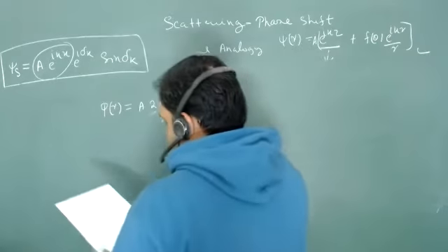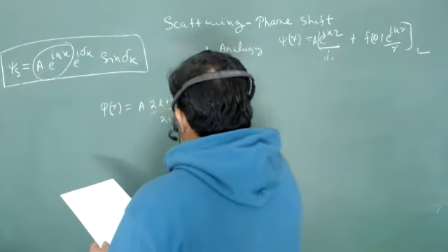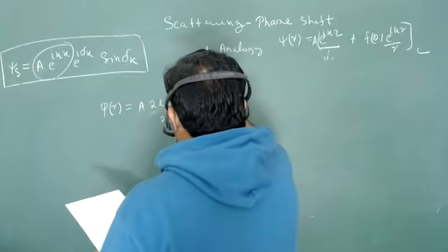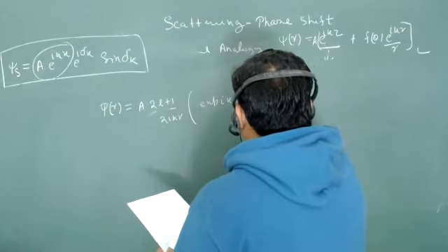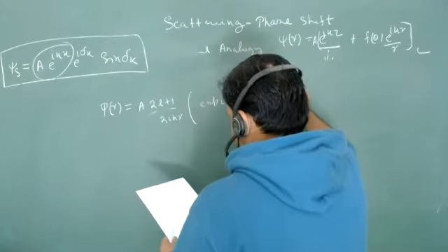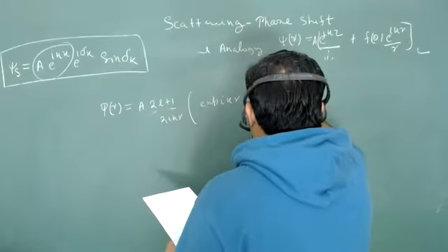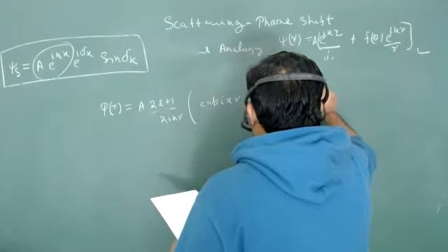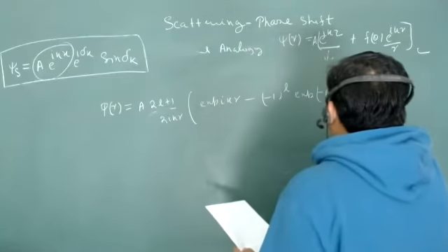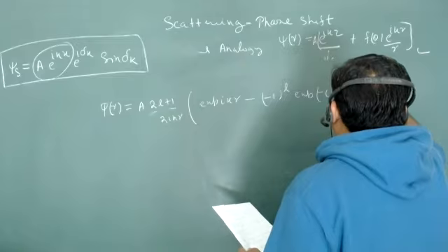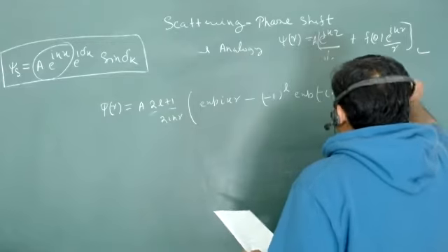Okay, and we have exponential i kr minus (-1) to the power L exponential minus i kr, and this value is PL cos theta.